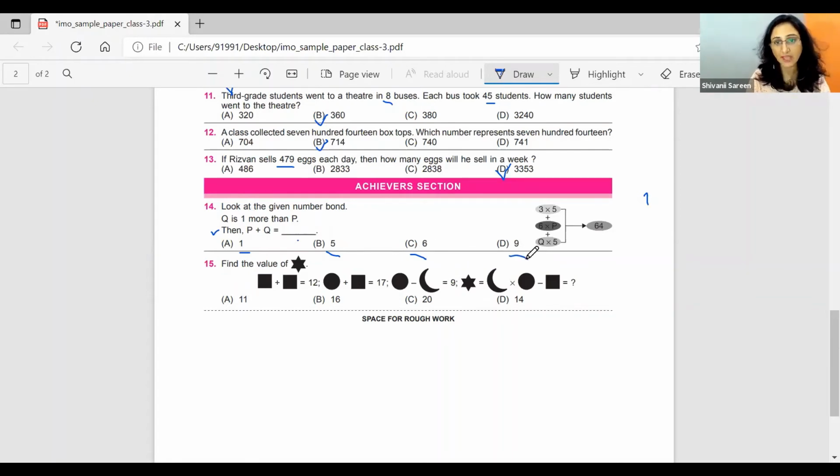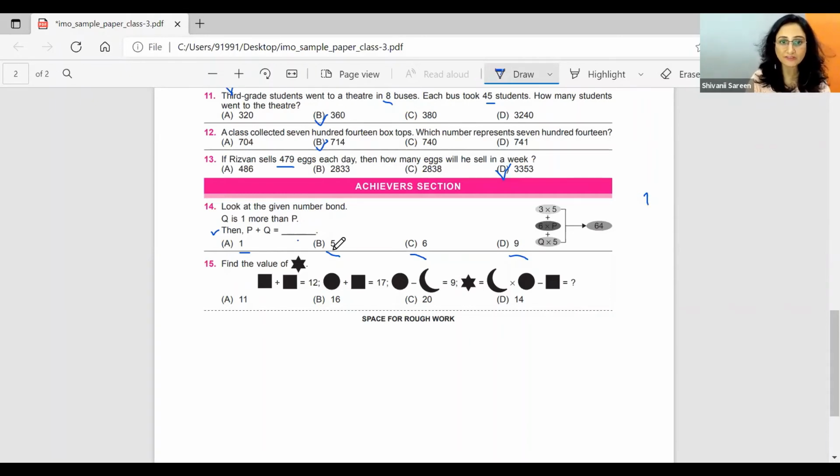Option D, 9, yes, it is possible because 4 and 5 are 2 consecutive numbers and they can make 9.